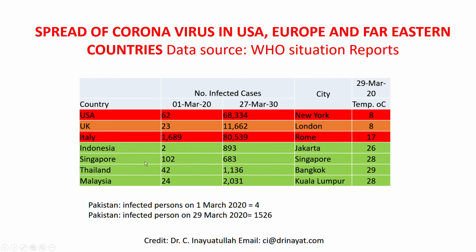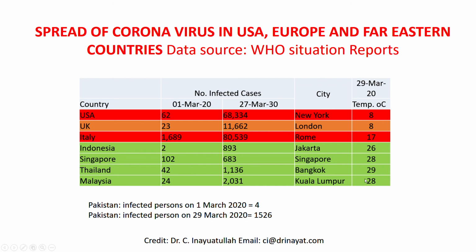In Singapore, there were 102 cases on 1st March and 683 on 27th March, and the temperature was 28. In Thailand, 42, which jumped to 1136, and the temperature was 29. In Malaysia, it was 24, and on 27th, this was 2031, and the temperature in KL was 28.